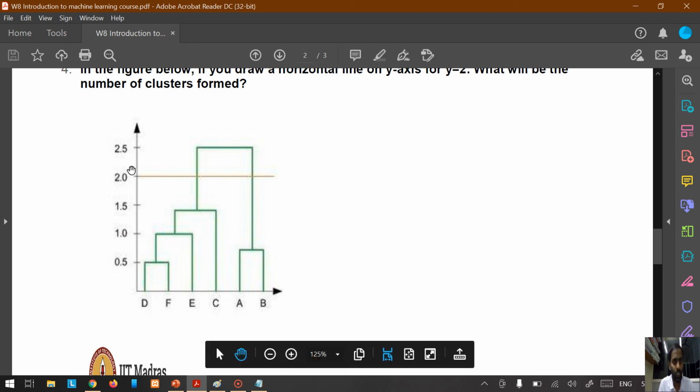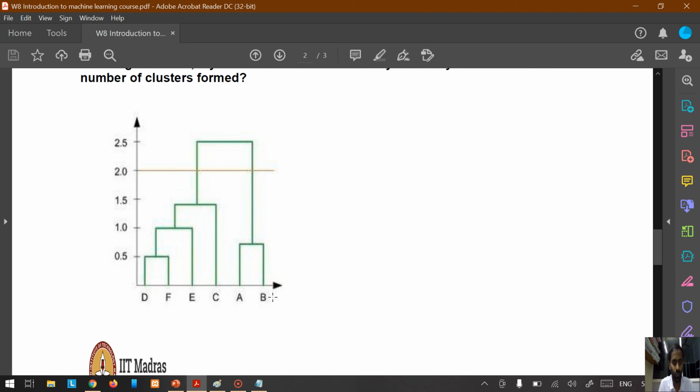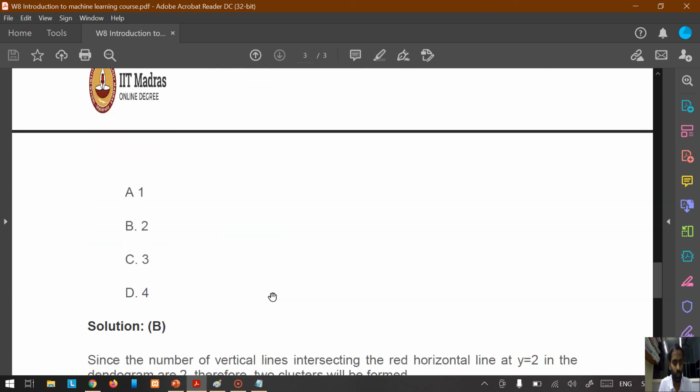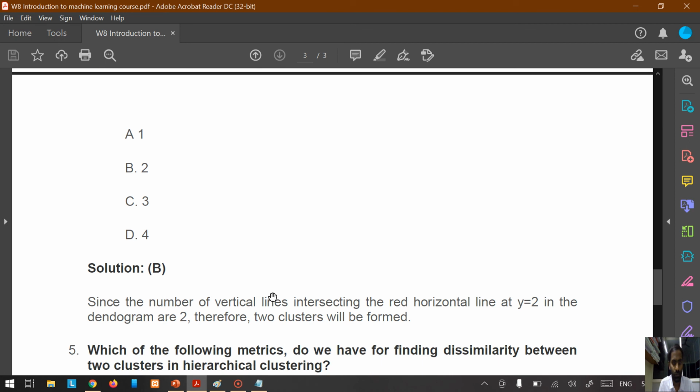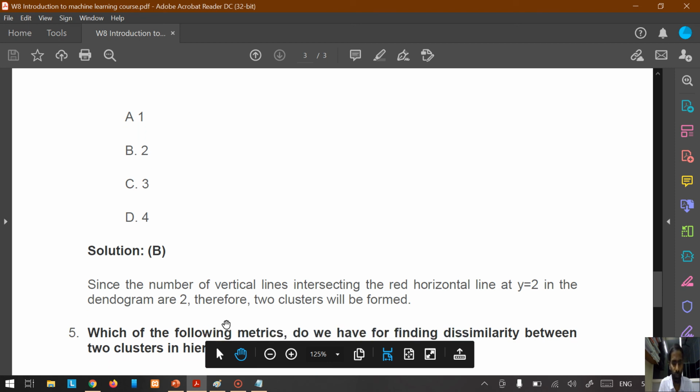That means at a particular point, the number of intersections gives the number of clusters. That's why it forms two clusters. Option B, since the number of vertical lines that intersect the red horizontal line in the dendrogram is 2, two clusters can be formed.